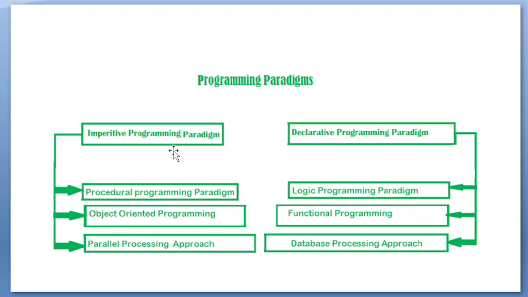Those keywords you should keep in mind. Under that, imperative programming is again classified into procedural, object oriented, parallel. In declarative, we have logic programming, functional programming, and database processing approach.